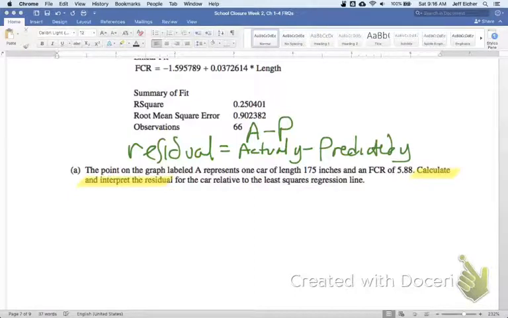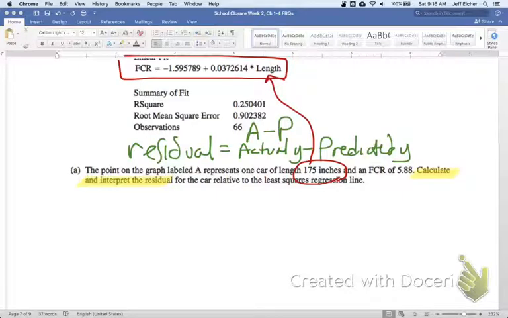To find the prediction, we have our regression equation right here. We're told the length is 175, so we're going to plug that in right here, and that would be our predicted FCR. And our predicted FCR, when you plug that value in, is 4.925. Put 175 in right there. It's kind of hard to read, but 175 for length.